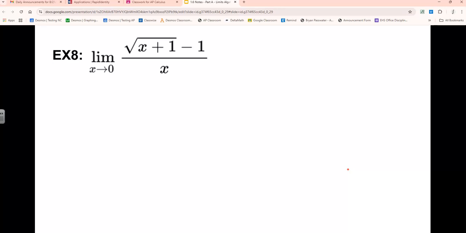Okay, so for these problems, you always are supposed to try direct substitution first. So if I do that here, I'm going to have square root of 0 plus 1 minus 1 over 0, which will give me square root of 1 minus 1 over 0.